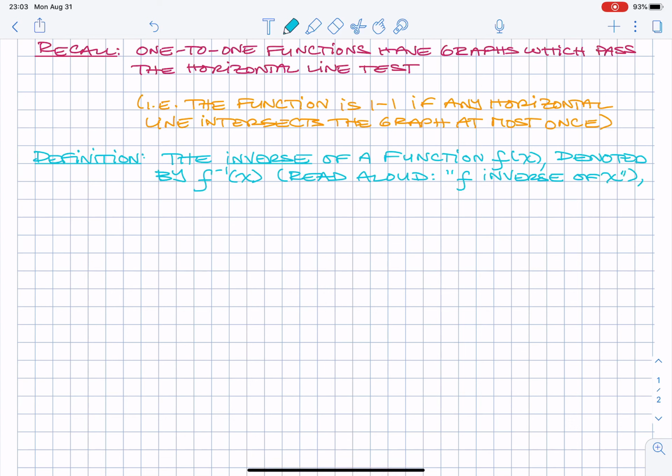So that is the function which undoes the function f of x.